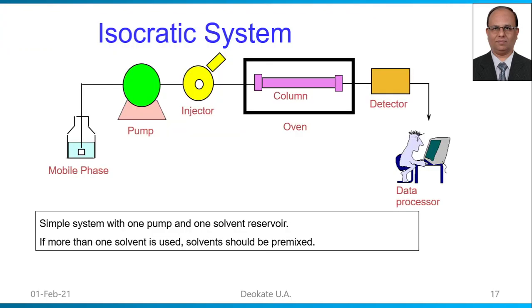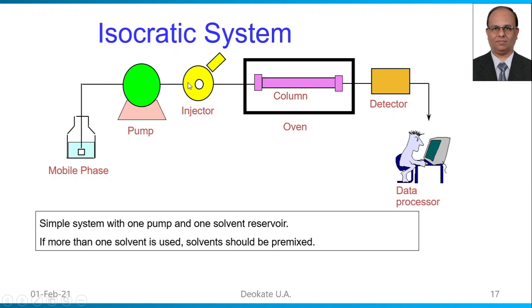This is the schematic representation of an isocratic system, a simple system using one pump and one solvent reservoir. The predetermined mixture of mobile phase is kept in the bottle or reservoir, which is pumped by the pump. High pressure pumps are used.